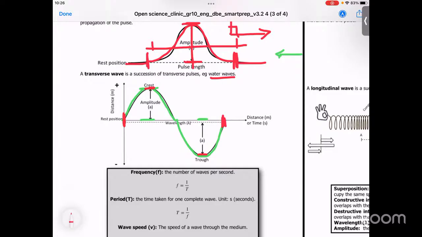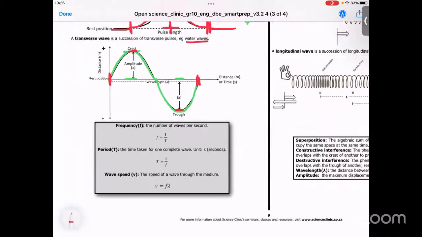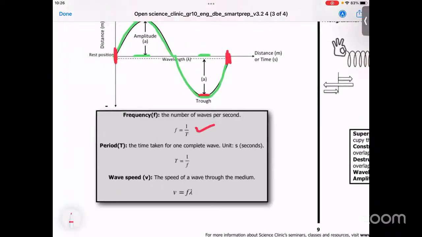Lastly, very important, we talked about the frequency, which is the number of waves per second, measured in hertz. We also talked about the period, which is the time taken for one complete wave, measured in seconds.